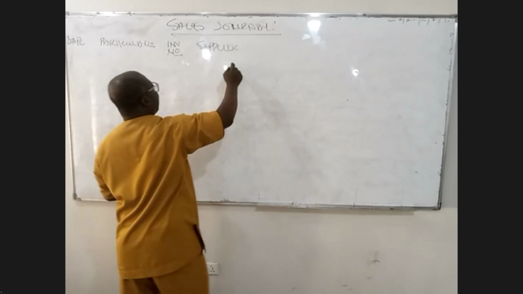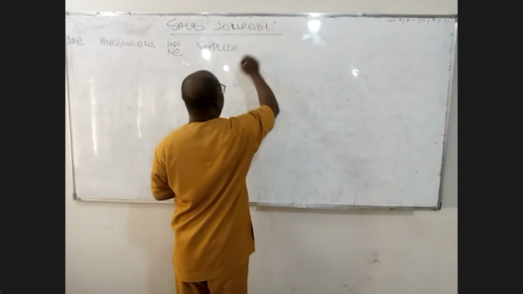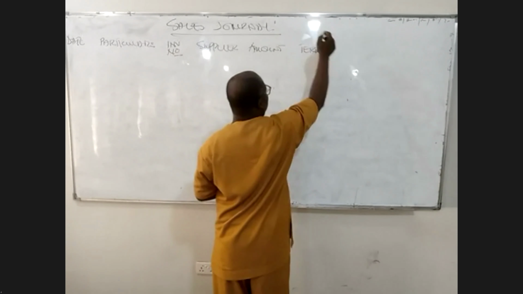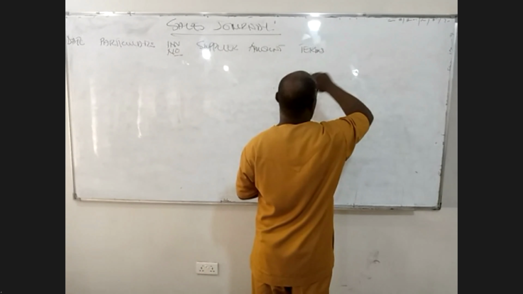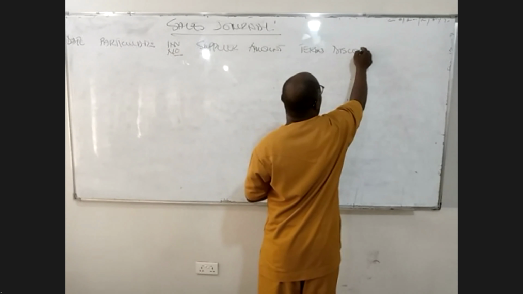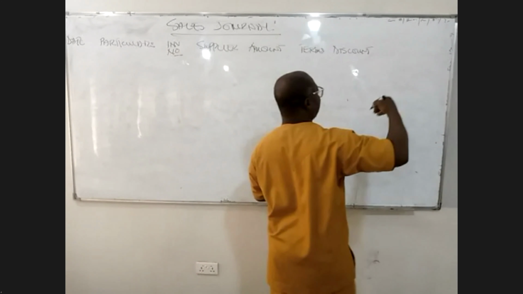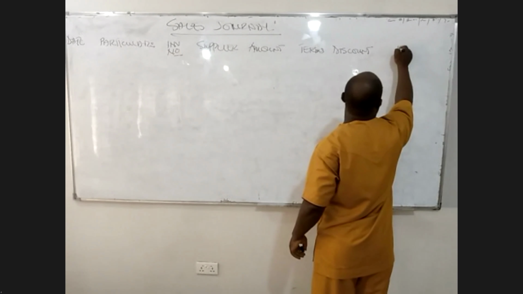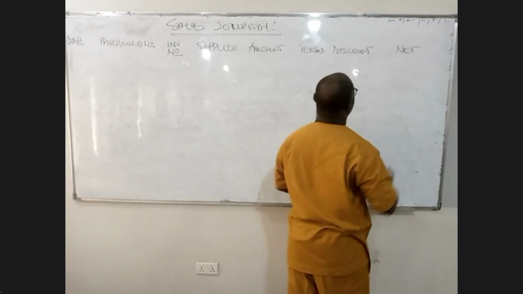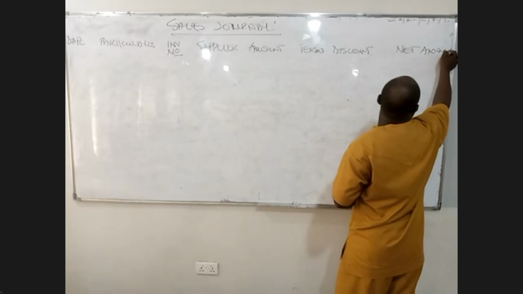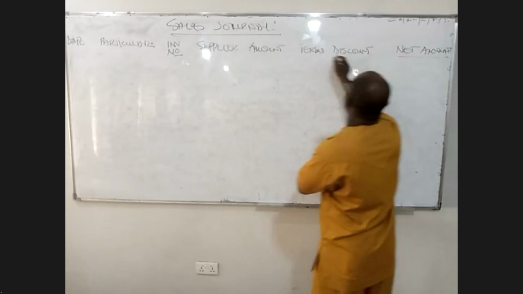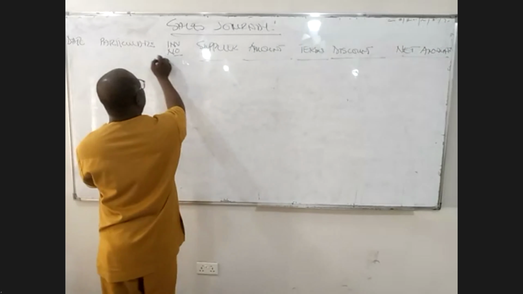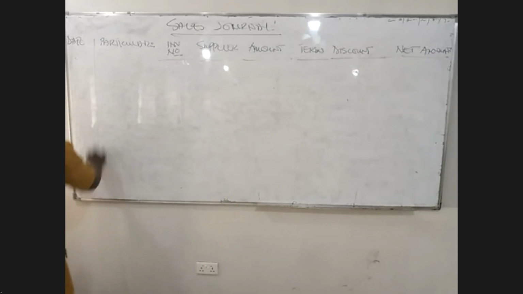The next one is amount. Next one is terms, discount. Good. If we are having discount, this is gross, then we should have a total or net. Are we okay? Net amount.